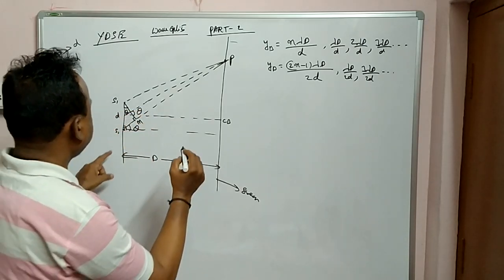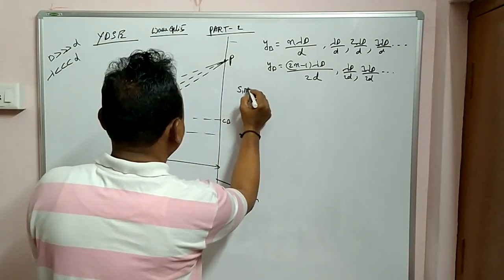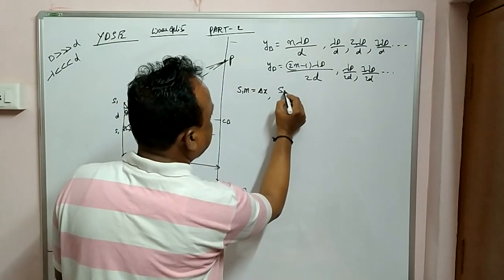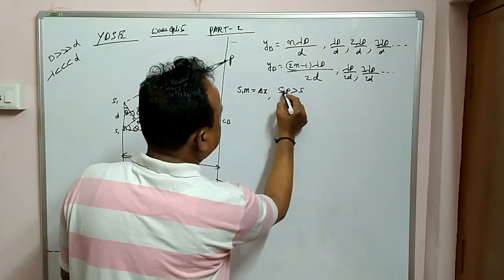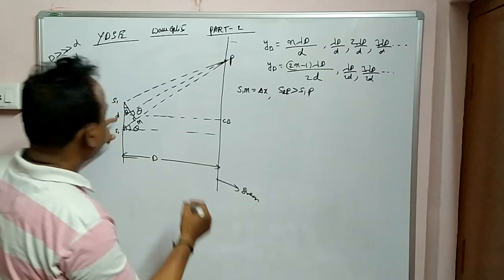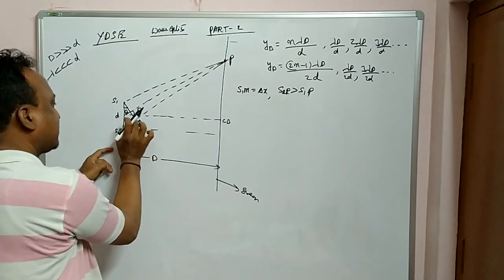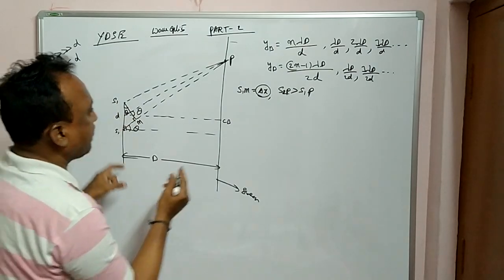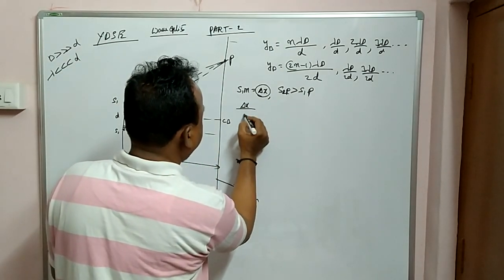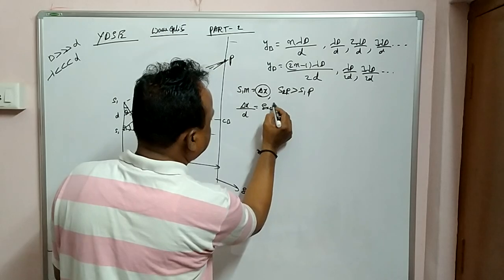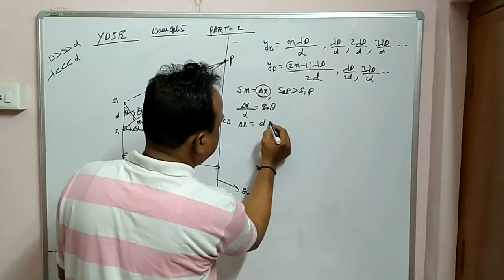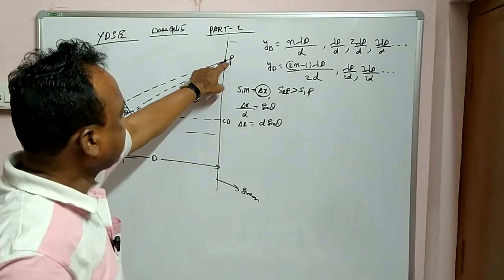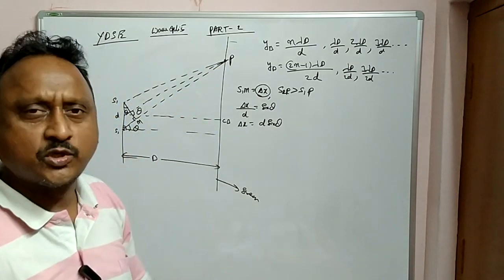And this delta x, that is S1M, is the path difference, because S1P is greater than S2P. Geometrically you can see this one is greater, therefore this is the difference, delta x. This is opposite by hypotenuse, that is nothing but sin theta. So this delta x is d sin theta. So this is the path difference between the two waves.